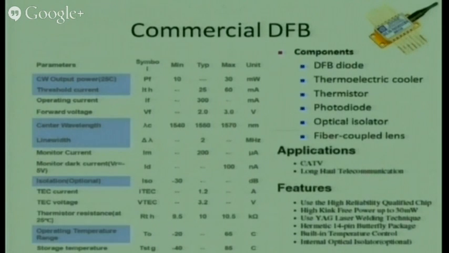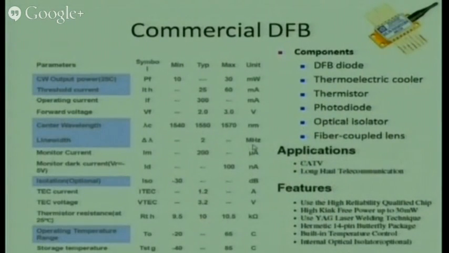So these are the commercial DFB lasers which are available. We also have one that I am using for gas sensing, where I am switching different wavelengths to monitor the gas. So these are the various parameters. What is the output? What is the forward current? What is the voltage I look for? What is the wavelength it can emit? Up to what spectral bandwidth it can produce?